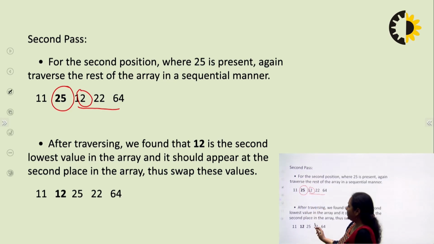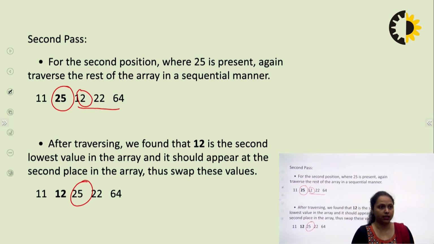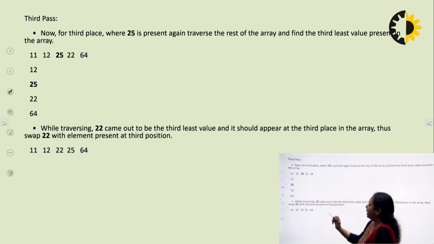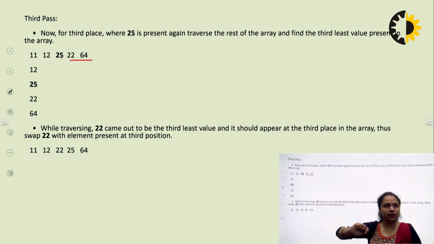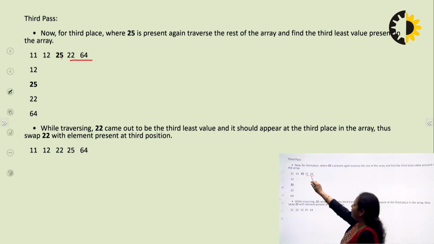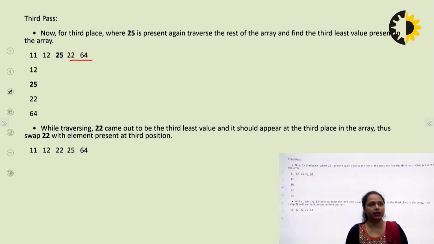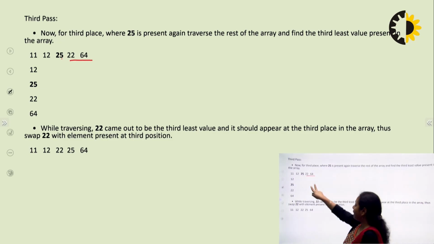Now the element present in the third position is assumed to be the smallest. Again the same process: when we assume 25, the third position element, as the smallest one, we look for the minimum element in the rest of the list, and we find that 22 is the smallest. So again we will swap these two elements.